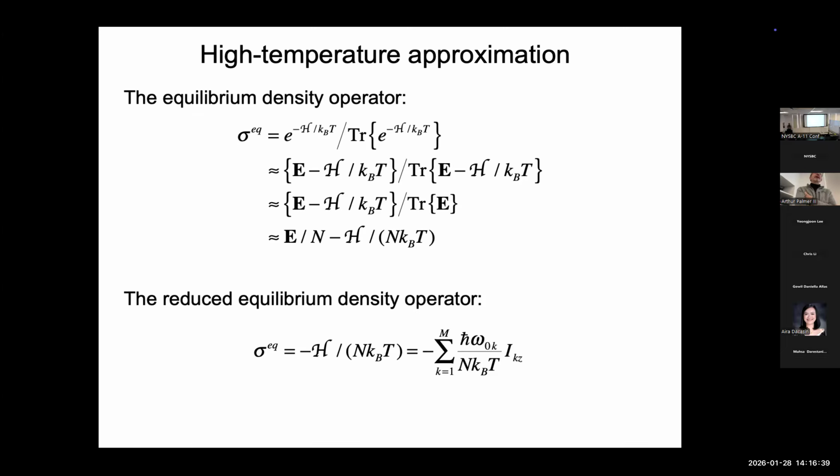And now if at this point I turn on the receiver, I just have to know what the detection operator looks like, because then I have my recipe for detection: I take the trace of the density operator times the operator associated with my detected NMR spectrum.